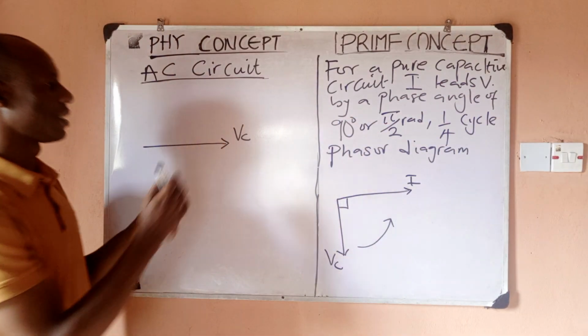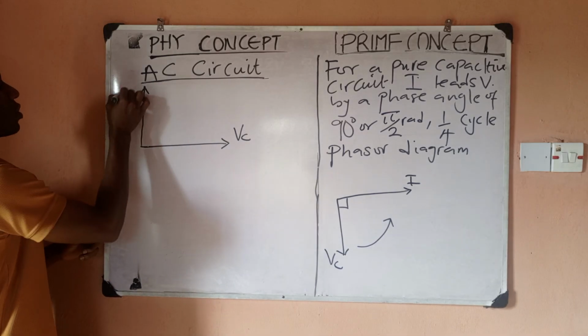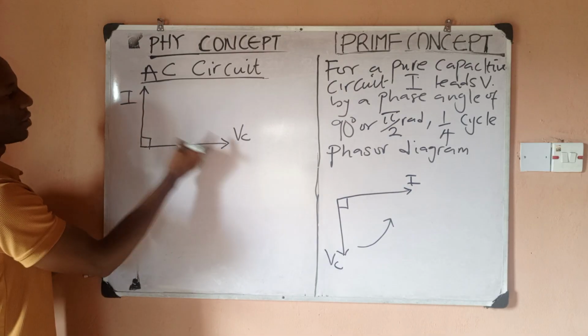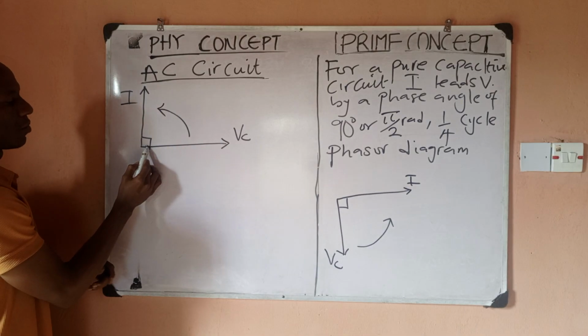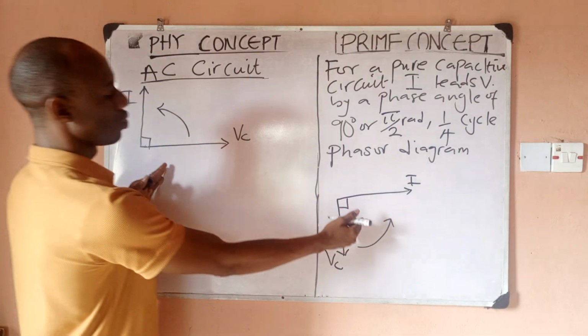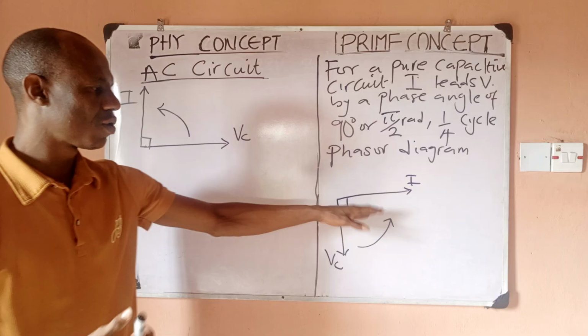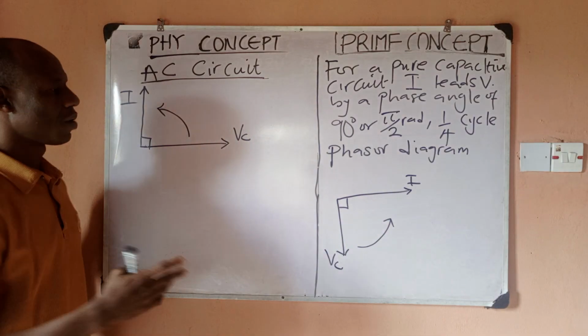So it means my current should be facing up so that this statement will still be true, and current is ahead of this, this is our direction of motion, by a phase angle of what? 90 degrees. So these two vector diagrams are saying the same thing, but I would prefer to always work with this, but I would always give both of them. So this is what you need to know.